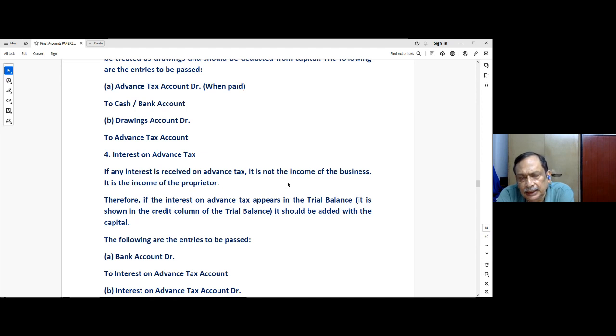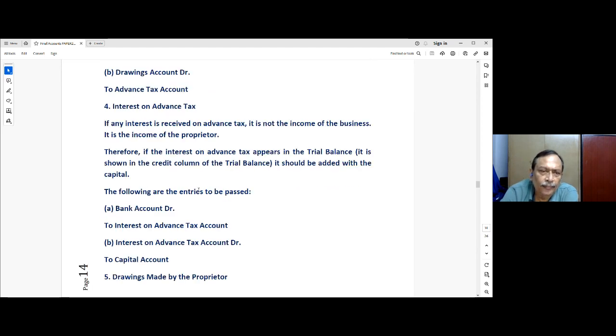If any interest is received on advance tax, it is not the income of the business. It is the income of the proprietor. Therefore, if the interest on advance tax appears in the trial balance, it is shown in the credit column of the trial balance and it should be added with the capital.